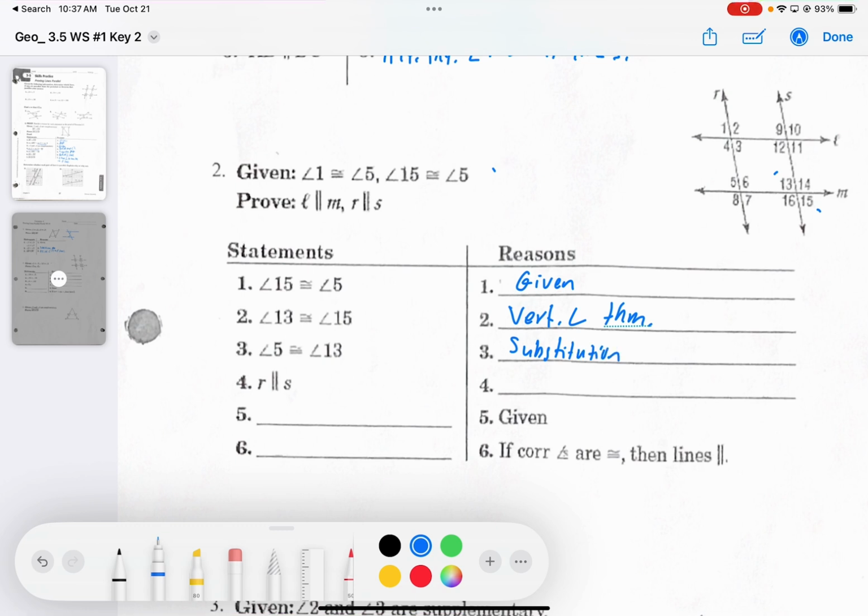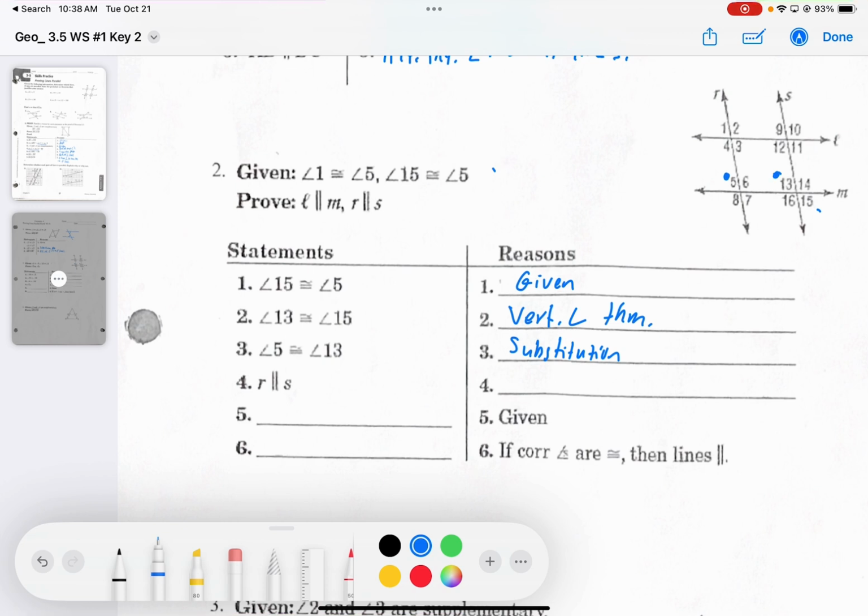And then it says R is parallel to S. So what that means to me is the statements that they just fed us proved that lines were parallel. So I probably have one of those angle pairs, whether it's corresponding, consecutive interior, or alternate exterior, in the step above it. So I would look at 5 and 13. 5 is here, 13 is there.